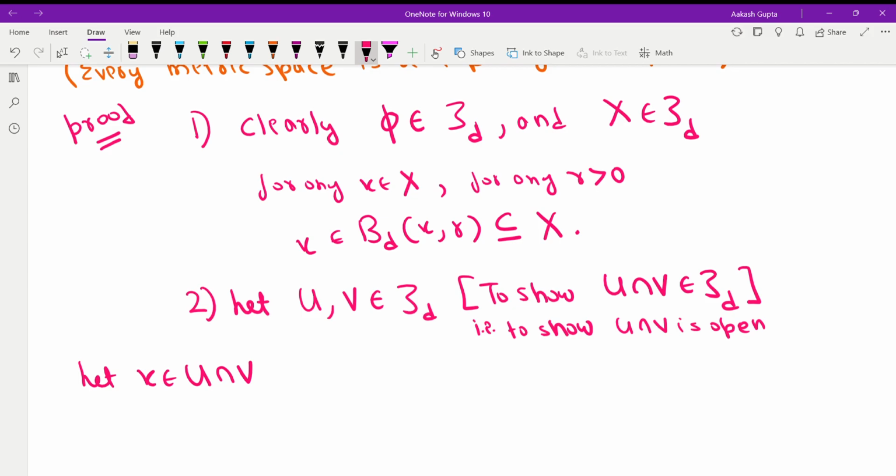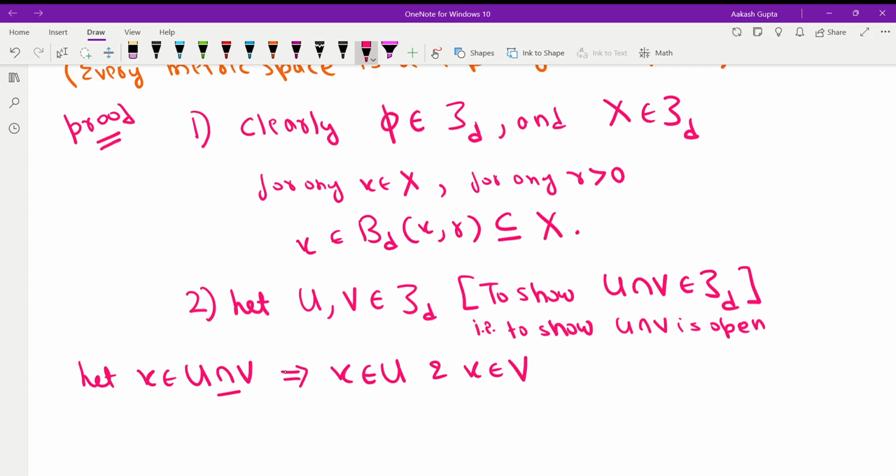That's why I say wholly inside; whenever we say inside, we actually mean wholly inside. So let x belong to U intersection V. This implies x belongs to U and x belongs to V, by the definition of intersection, the common part.